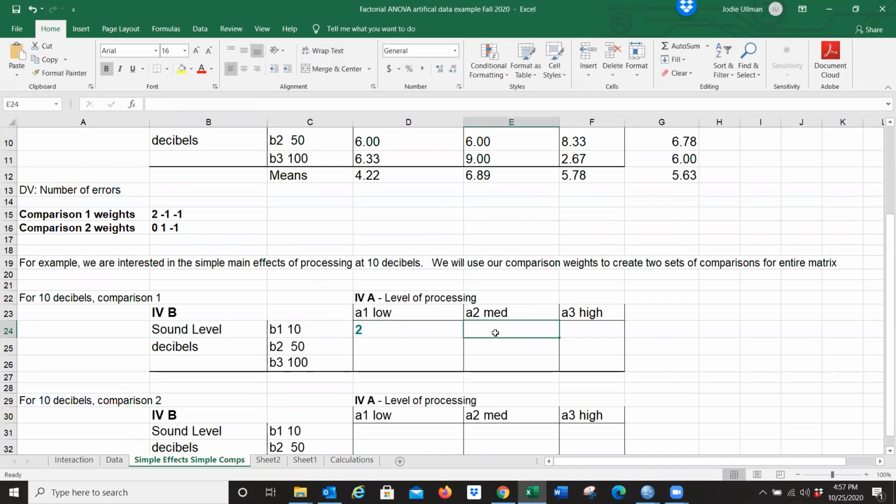We put the coefficients in, put them in the cells, and we don't want to use any data from people in the 50 decibel group or the 100 decibel group. So how do we get rid of that? Thinking of these as weights, we want to put a zero weight on their mean. So just put zeros in.